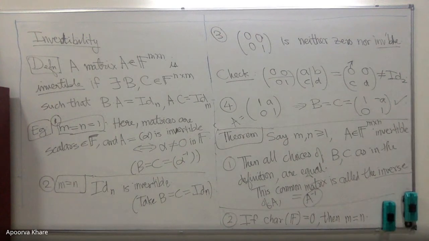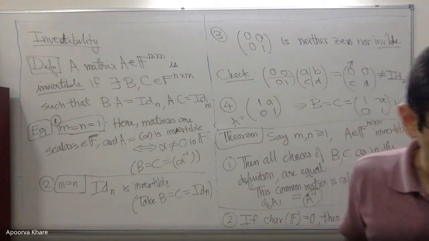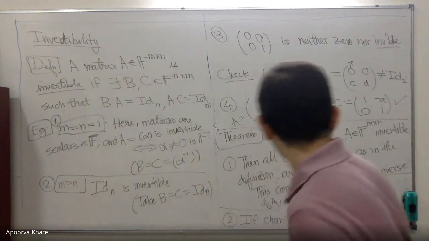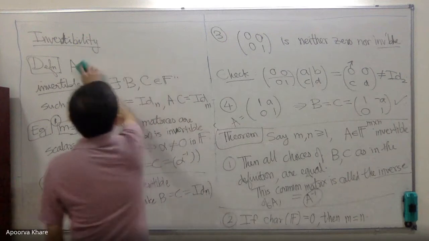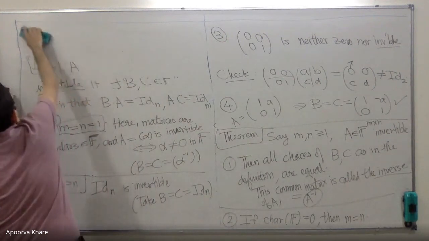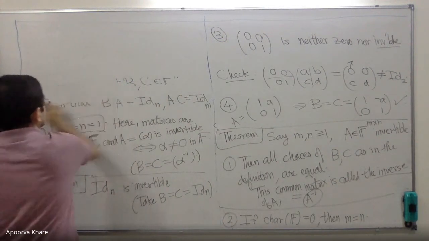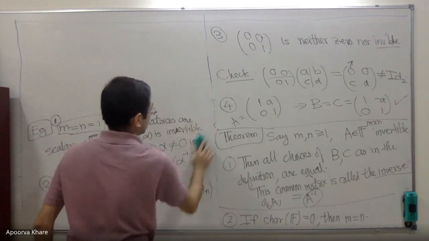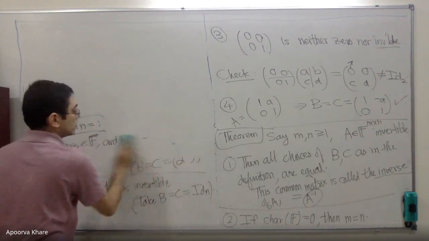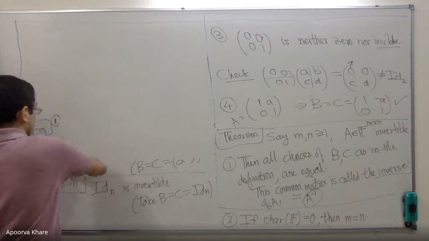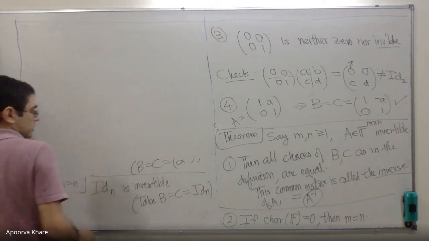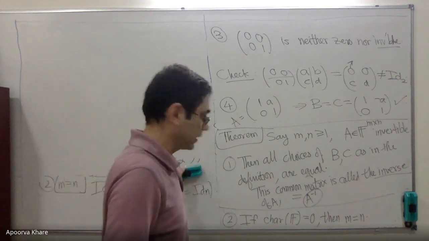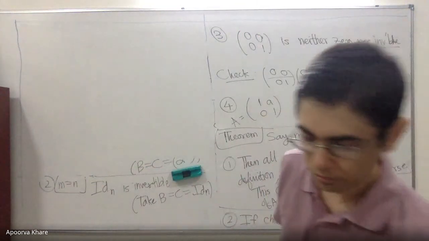Before I write down the proof, as I said, I will need to give you a definition of something called the trace. I need the trace for the second part, not for the first. But let's give the definition and then write down the proof.